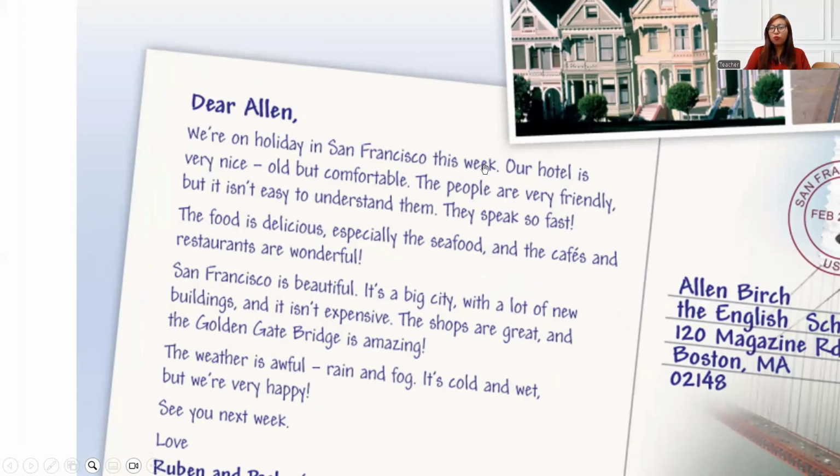At the beginning of the writing, the writer starts by saying where they are. Because you see, the writer is not alone. The writer is together with someone else. We are on holiday, not a business trip, a vacation.